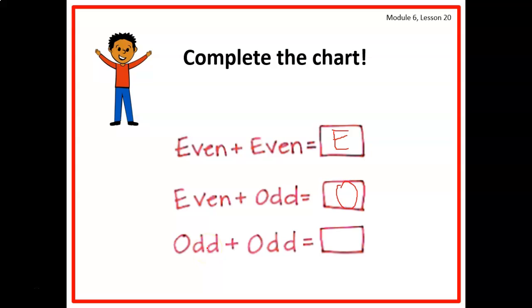Now, let's see if this is true when we're adding larger numbers. So, the number 10, is it even or odd? Yes, even. Is the number 12 even or odd?